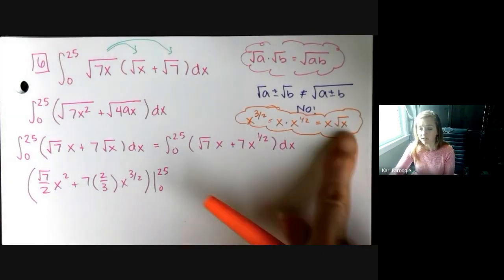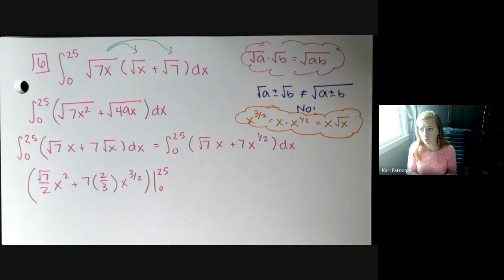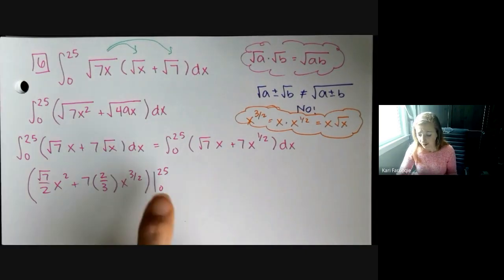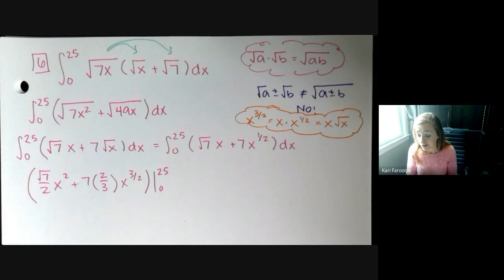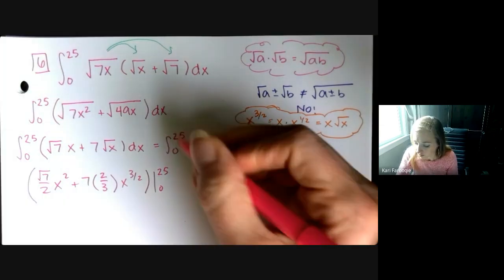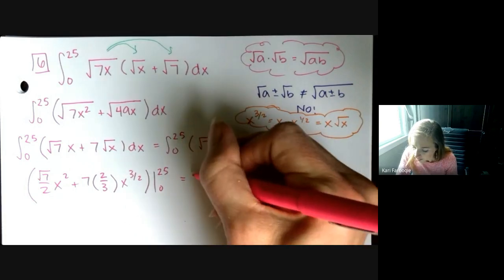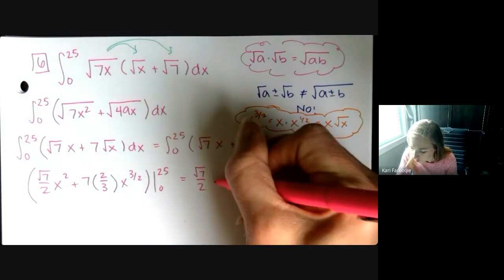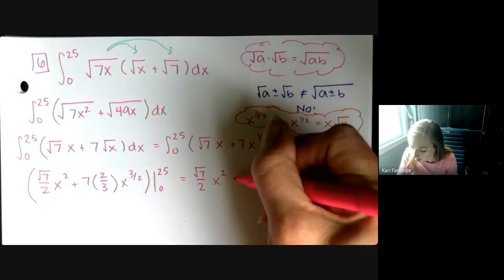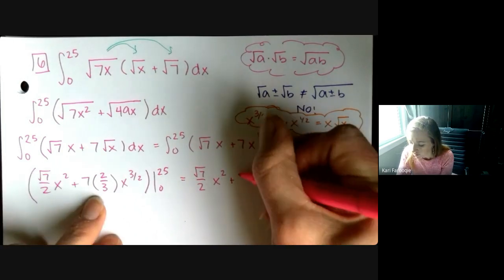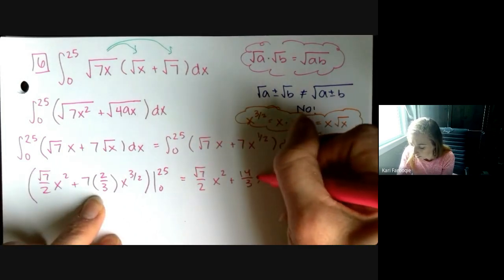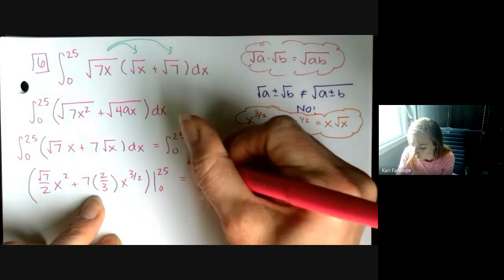Now, you might not care about this when you're taking a derivative, but when you're trying to simplify, you're going to find it's really helpful to you. So I'm going to rewrite this one more time before I use the FTC. I have the square root of 7 over 2 times x squared plus 14/3 x root x.